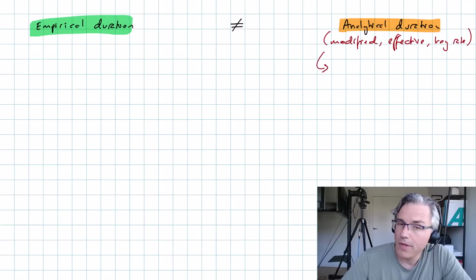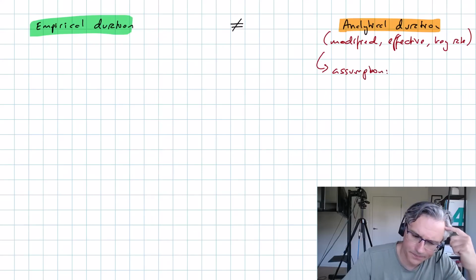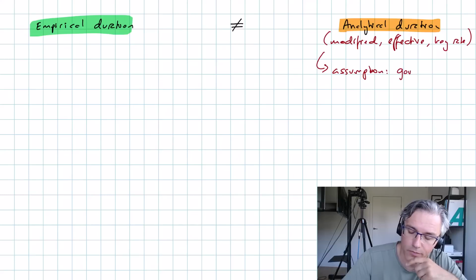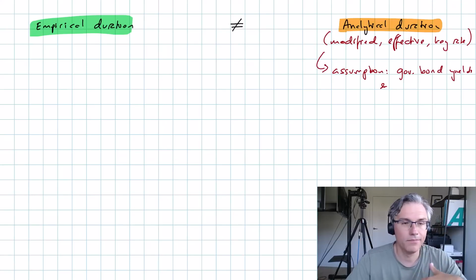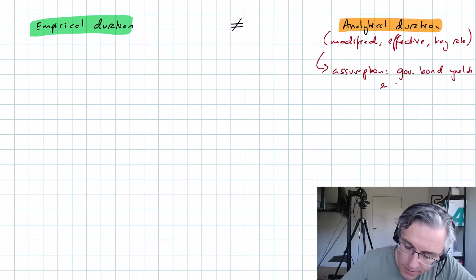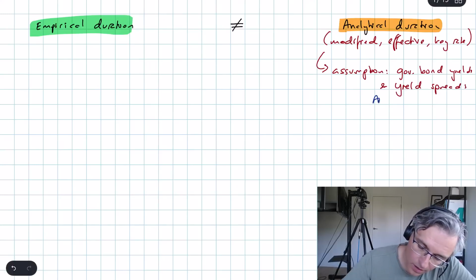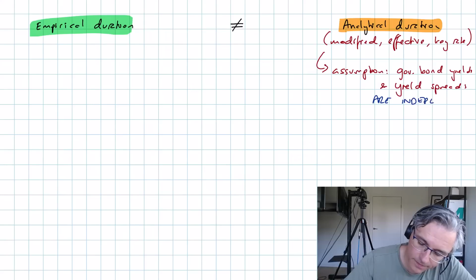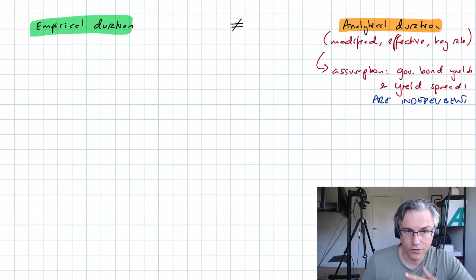And the problem here is an implicit assumption that government bond yields and credit spreads or yield spreads associated with bonds issued by entities that are not default risk free, so yield spreads, are independent, which is not necessarily the case, as I will show you in just a moment.